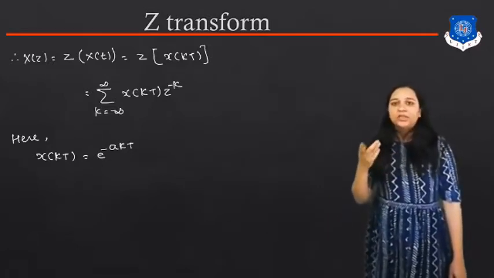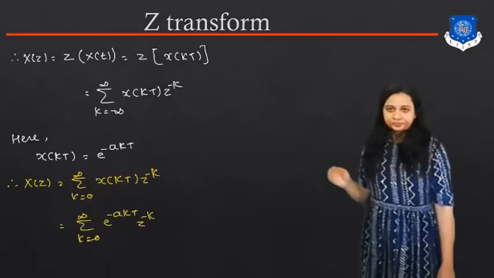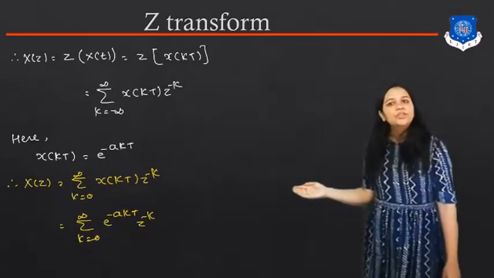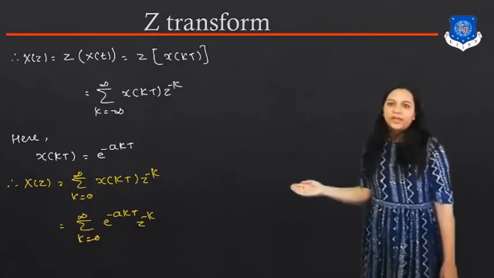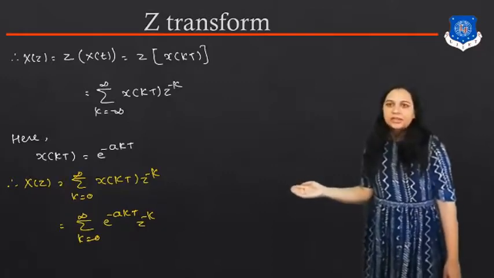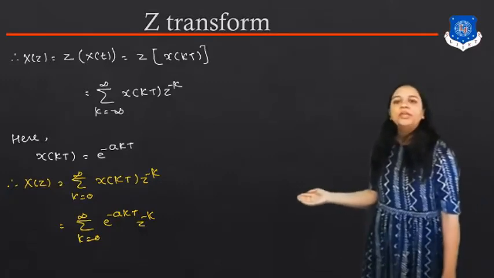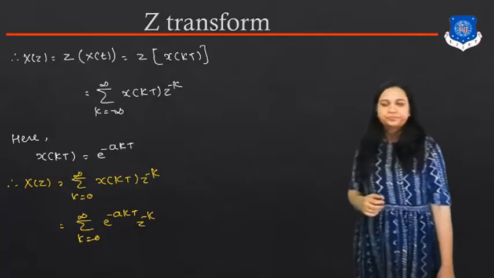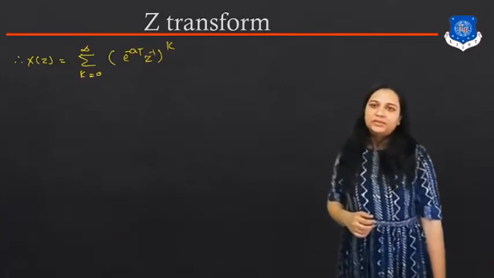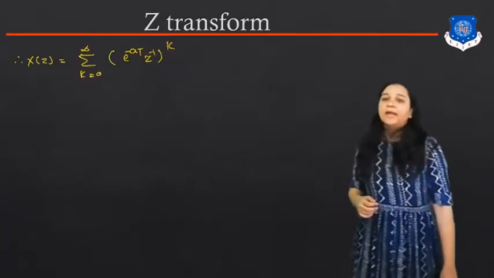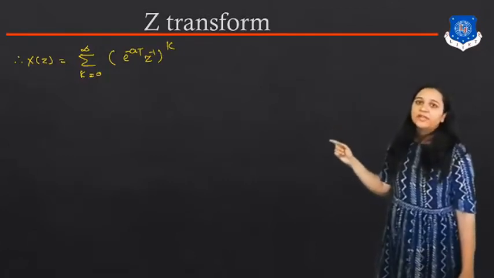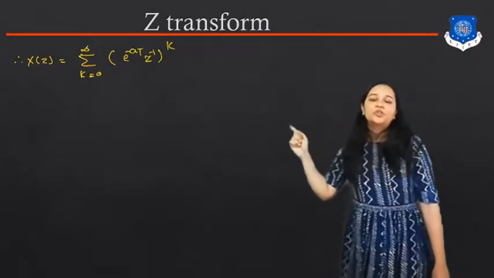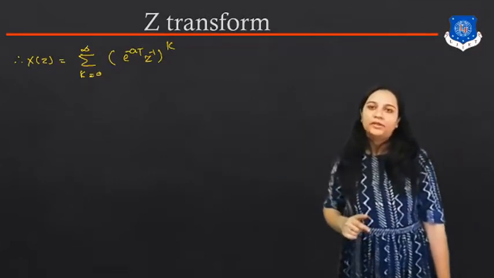Put the value in the above equation, we can get x of z that is equal to summation k is equal to 0 to infinite x of kT z raised to minus k, put x of kT is equal to e raised to minus a kT. Okay. So the next is x of z, that is equal to summation of k is equal to 0 to infinite e raised to minus aT z raised to minus 1 and the whole bracket raised to k.